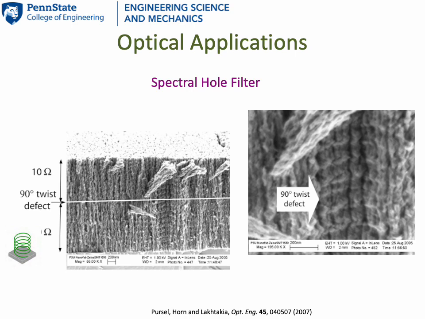Another example: you can see a 90-degree central twist defect in a chiral sculpture thin film incorporated during fabrication. This was done deliberately. The substrate was rotating at a normal speed. All of a sudden, it was rotated by 90 degrees very rapidly, and thereafter rotation at the normal speed was resumed.